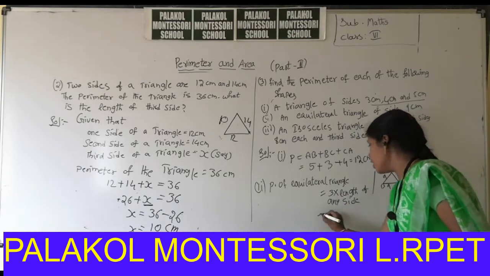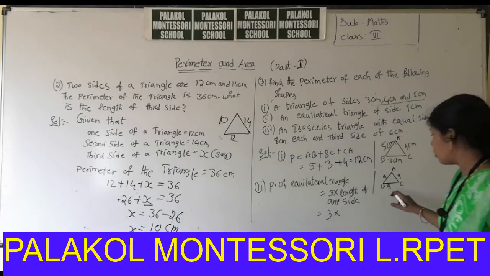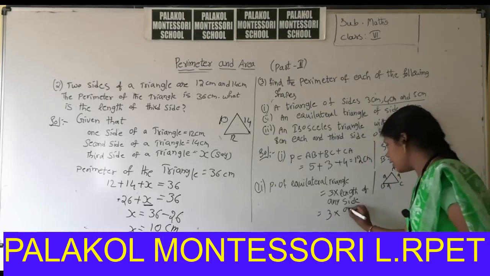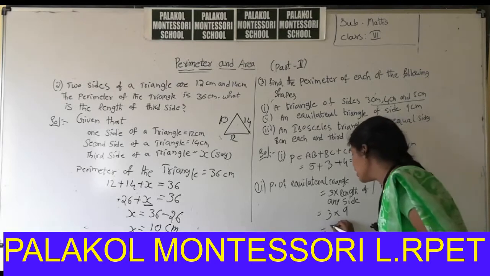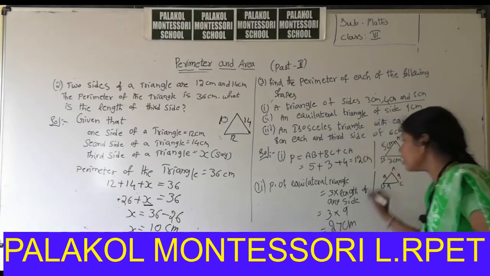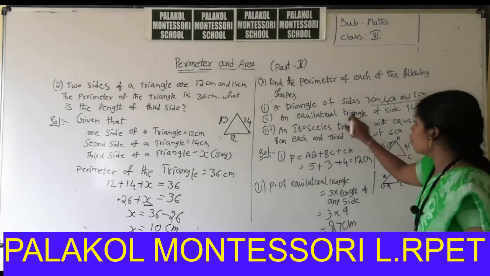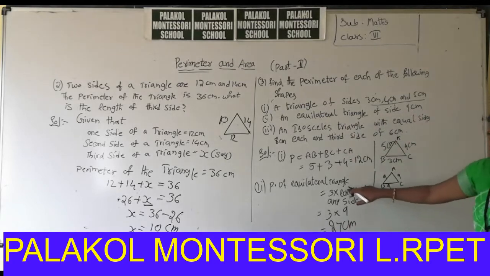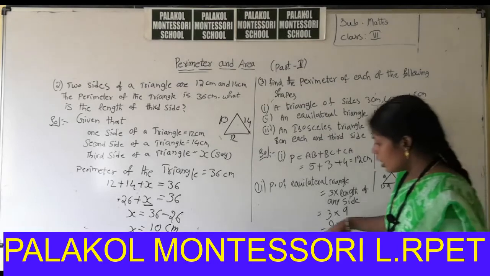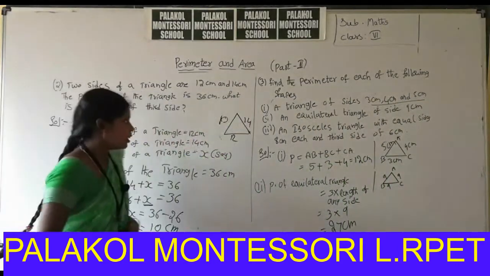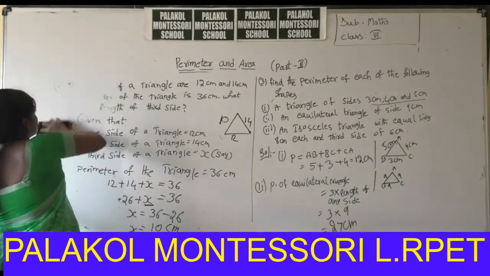So 3 into the length, 9 centimeters. You can take any side of these 3 sides. 3 nines are 27 centimeters. The perimeter of an equilateral triangle is equal to 3 into the length of any side: 3 into 9, 3 nines are 27 centimeters. Next, third one.